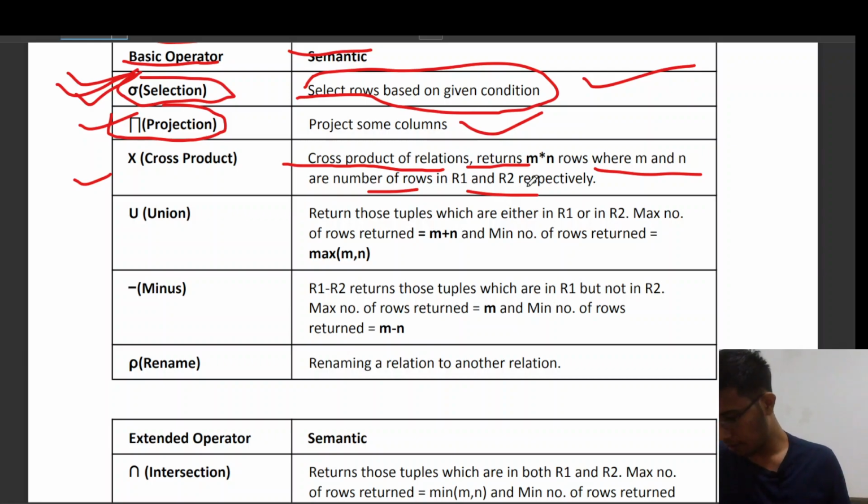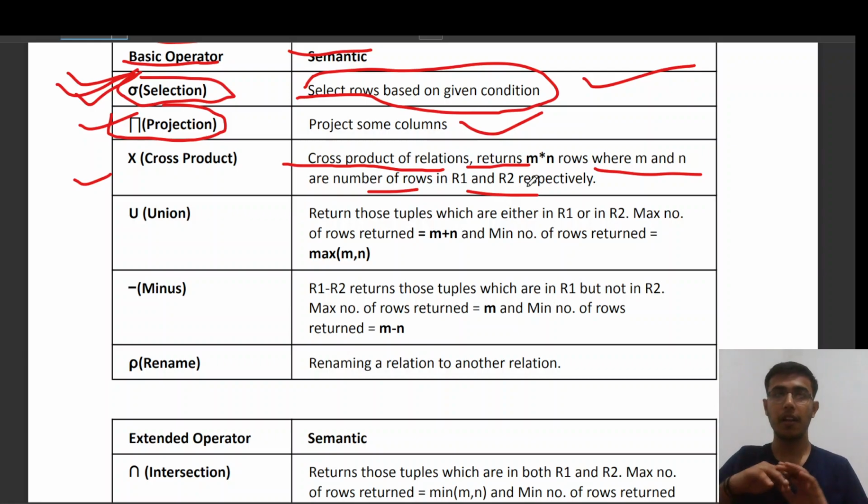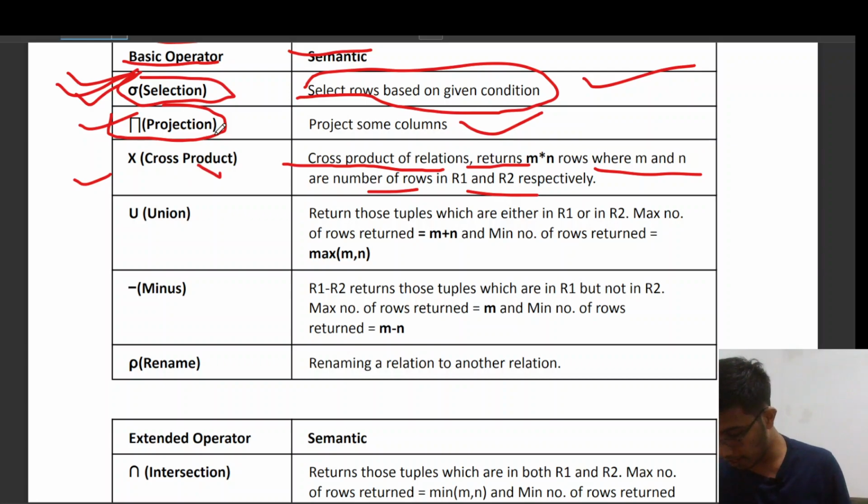Suppose we have some relations, and x represents the cross product. Suppose we have a set A, B, C, right? And another set C, D, E. Then the cross product of that will be AC, AD, AE, BC, BD, BE.